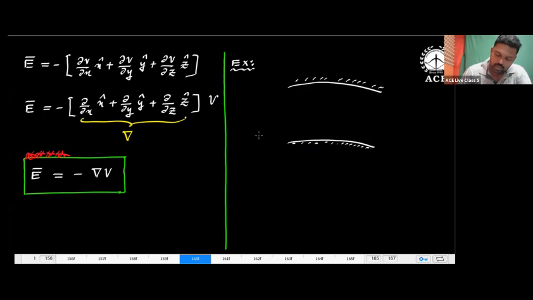I'll say the potential of this one is V1. Potential on this one is V0. These are equipotential surfaces. Let V1 be greater than V0, beta. What are these two? Equipotential surfaces.